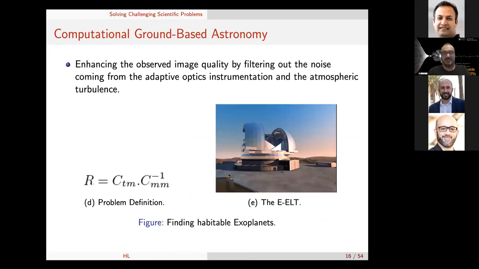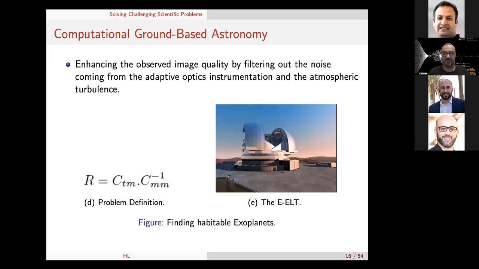Okay, and the other application we are also focusing on in our center is the work done by computational astronomers using ground-based telescopes. There are several efforts in ground-based telescopes at this point in time, and perhaps the most advanced one is the European Extremely Large Telescope.